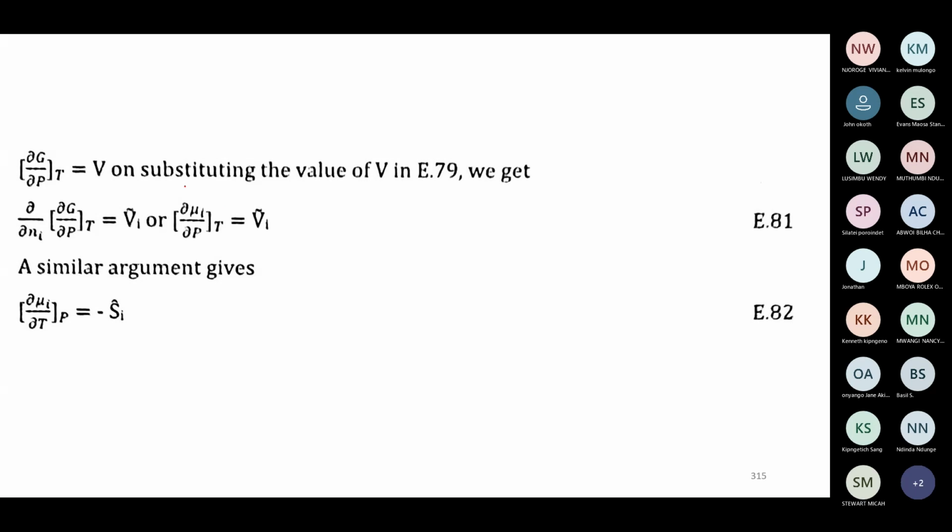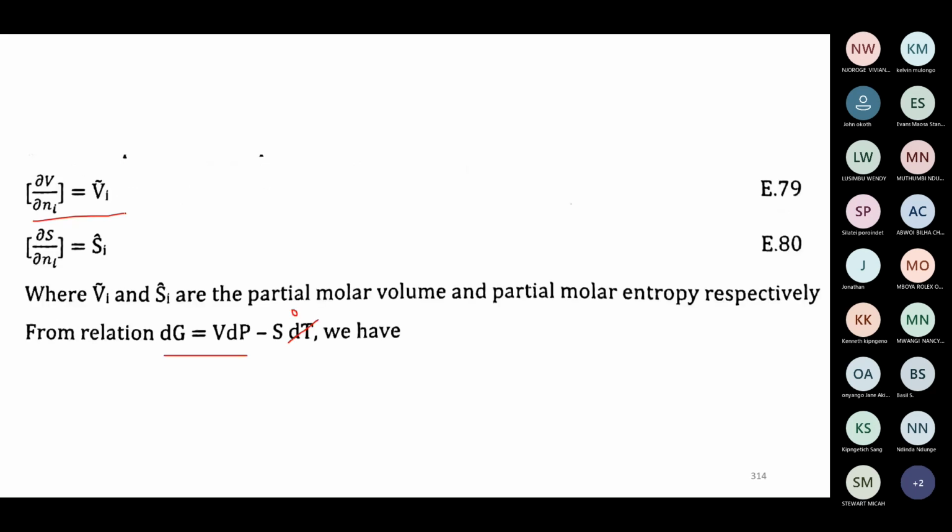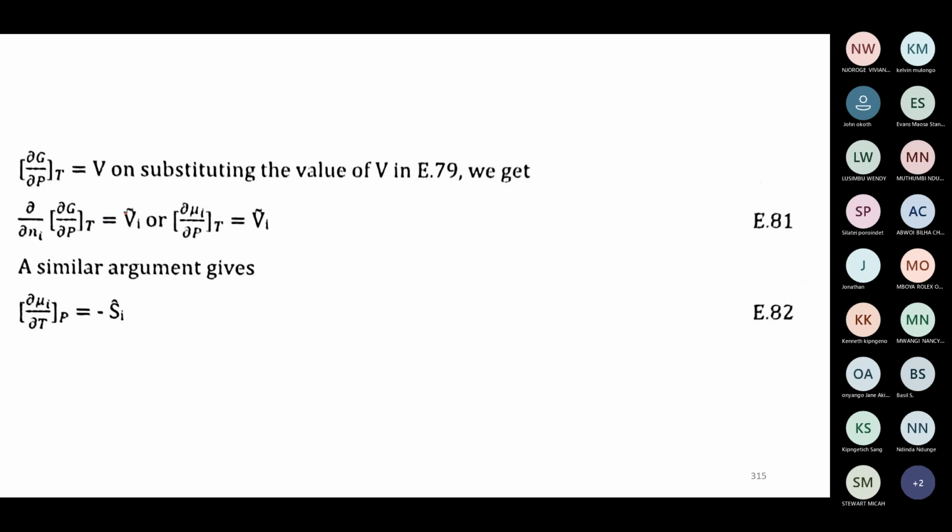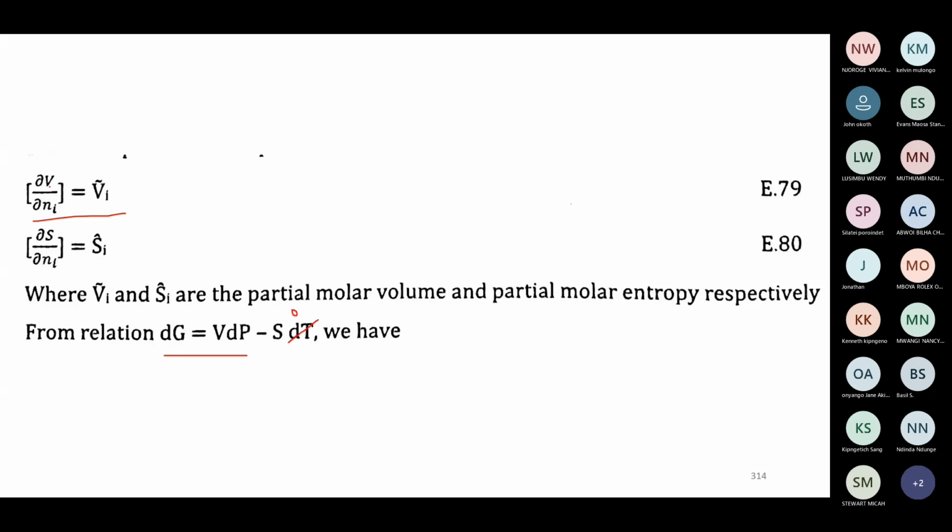Now, when you substitute the value of V that we have here into this expression for the change in G with respect to pressure, we can say this becomes delta Ni. So notice this one here, change in V with respect to Ni.